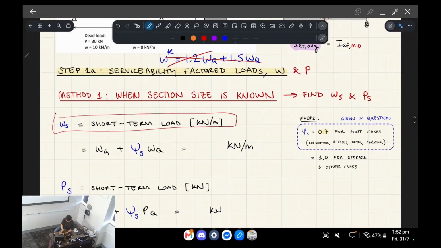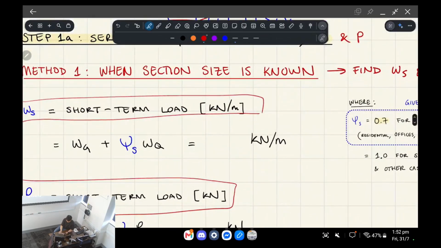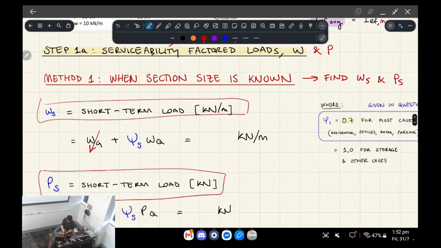So we want to find the short-term load for both the distributed load and the point load, and we want to calculate these separately. Okay, so for WG, we plug in 10 kilonewtons per meter for the dead load, and then 8 kilonewtons per meter for the live load.